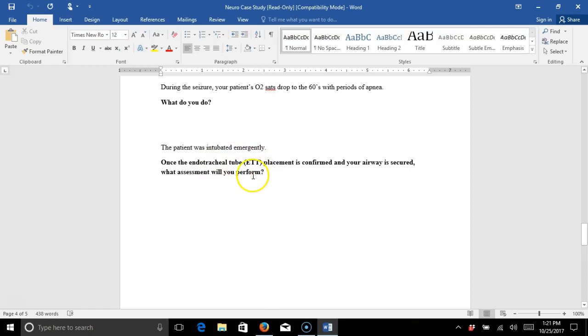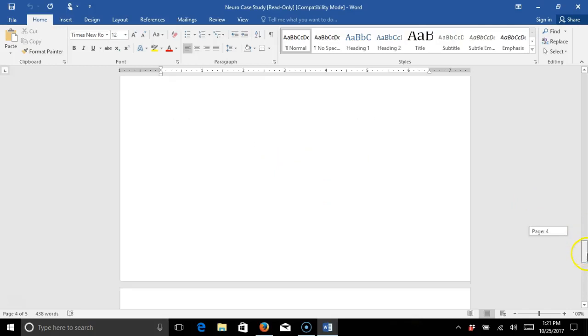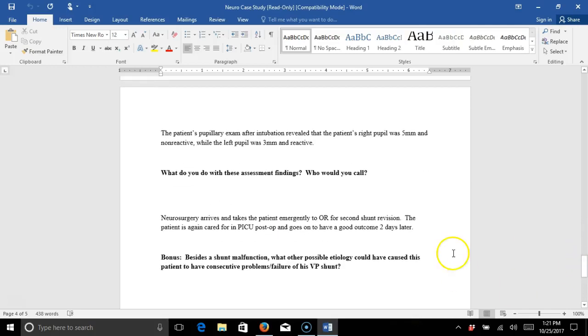And so things that you're going to perform, of course, you're probably not so much in pain anymore. Your respiratory aspect is controlled, but you're definitely going to do other neuro checks. So what you find is patient's right pupil is 5 and non-reactive, and this is a bad sign. It means that there's lots of intracranial pressure and that this pupil is not reacting the way it should.